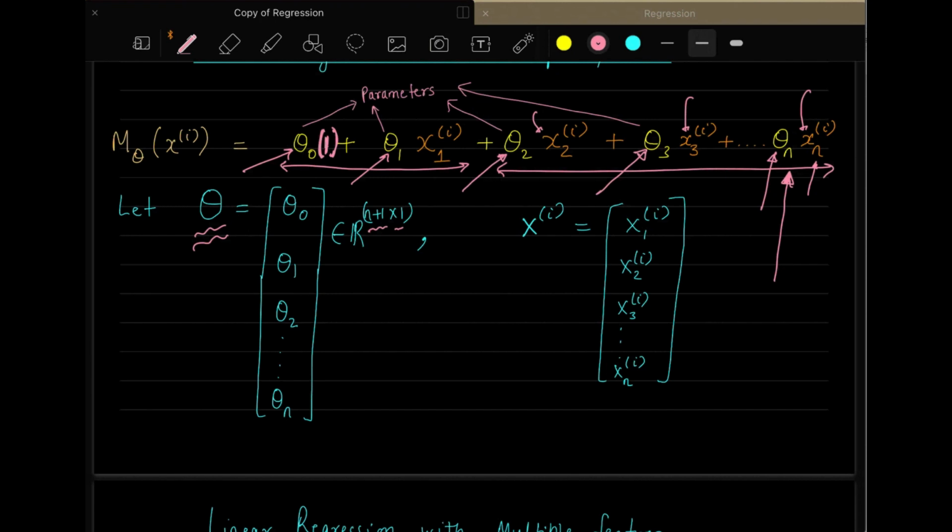But normally we do not include this in x because it's a bias thing. We will understand this later when we discuss bias and variance, but because one is a constant and not a part of the feature, we treat it separately. So now we have n plus 1 dimension cross 1 for this theta matrix.